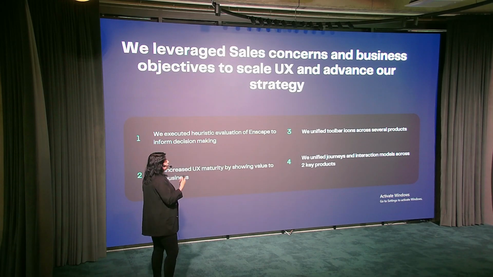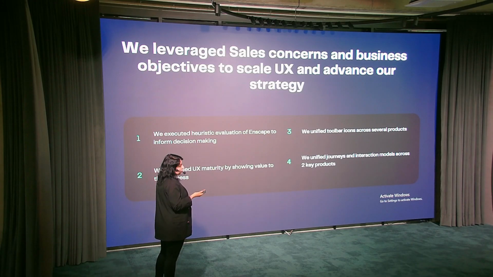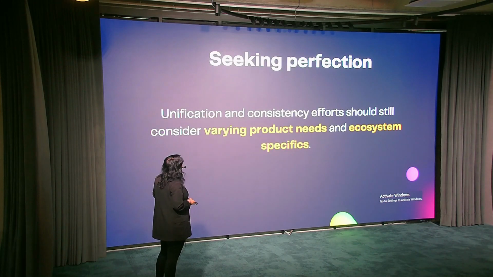And then we unified toolbar icons across several products. We unified colors. We unified a couple of other things, which was, again, a tactical effort that advances our strategic goal to unify our products. And we unified several journeys and interaction models in 2 of the key products that will be sold together as part of a cross and upselling program.